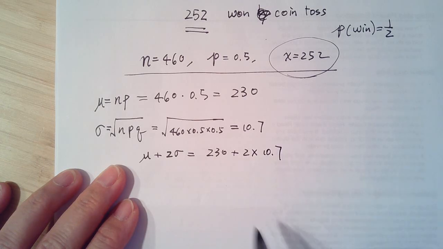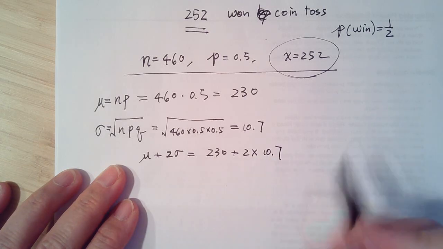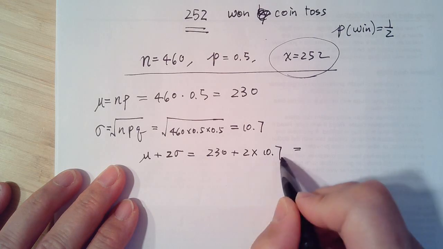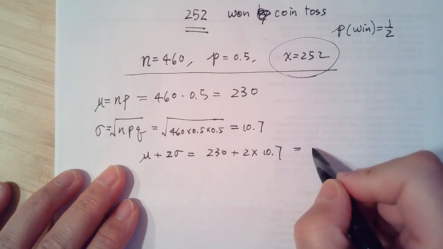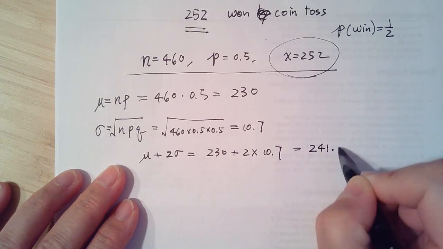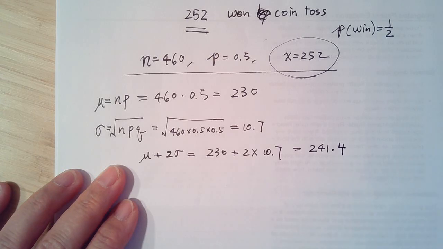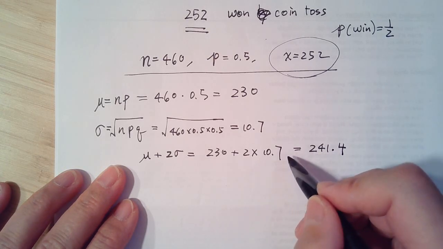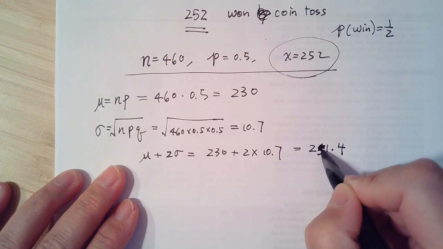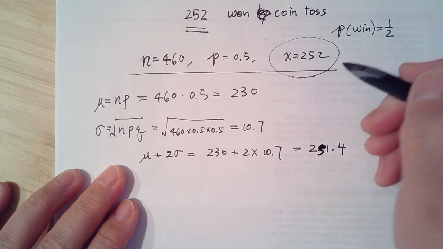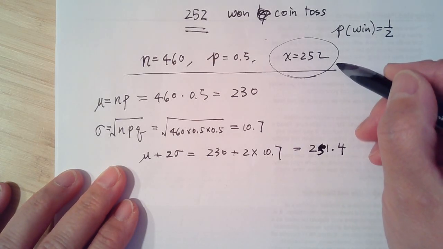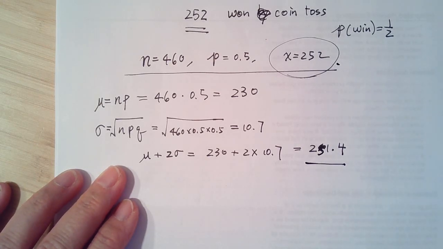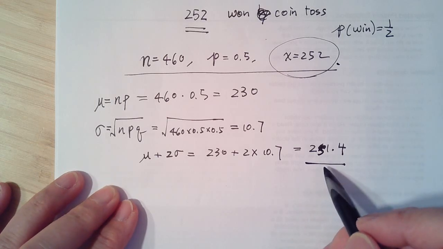Mean plus 2 standard deviations is 230 plus 21.4, so it's 251.4. And what do you have? You have 252, which is higher than, or outside, 2 standard deviations above the mean.